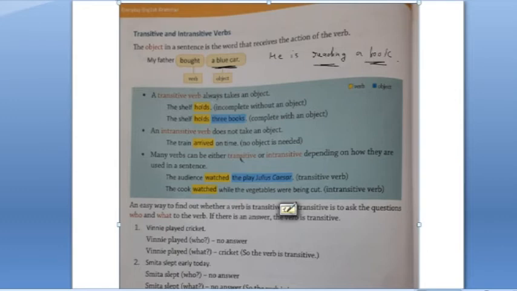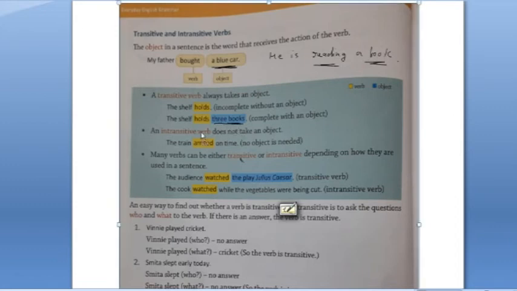Like, the shelf holds, but this is incomplete. Why? Because after this verb there is no object. But in the second sentence, the shelf holds 3 books. So this is our object, 3 books.